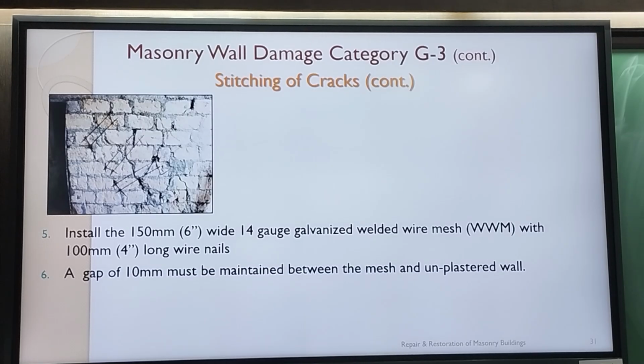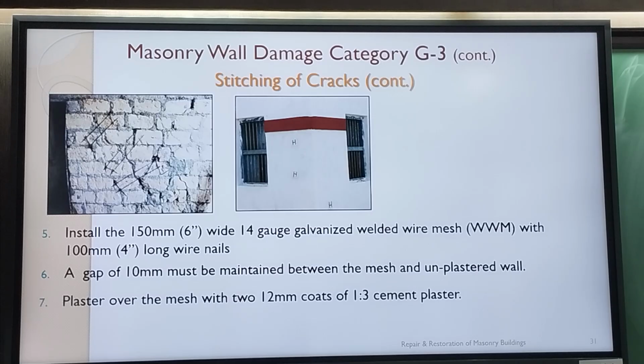Now, what is important is that for any kind of mesh which is placed on the wall, there should be a gap of about 10 millimeter between the wall surface and the mesh. Because when it's plastered, the plaster goes beyond the mesh.